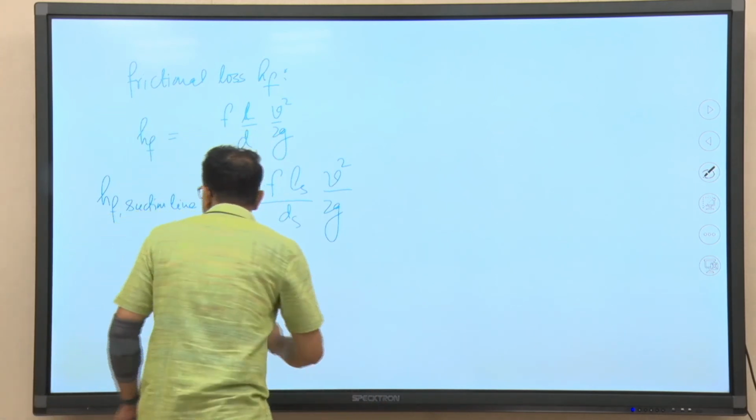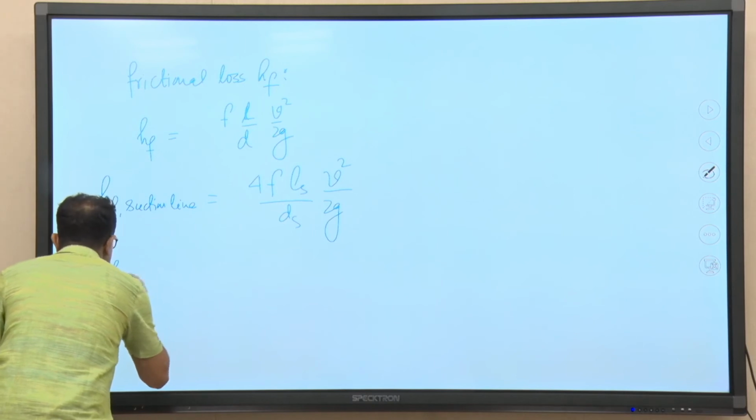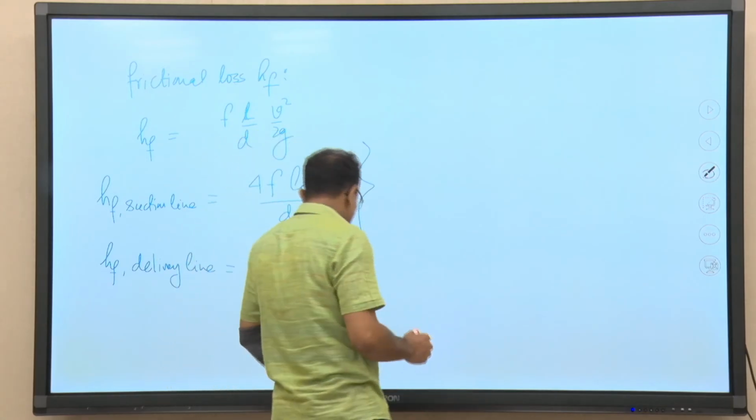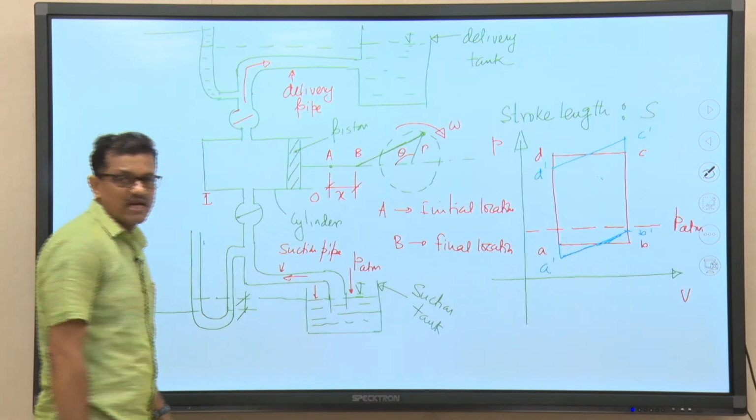So, HF in the delivery line equals 4F Ld by dd, Vd square by 2g. Our next objective is to relate Vd and Vs to the speed of the piston. For that we need to look at the schematic depiction.